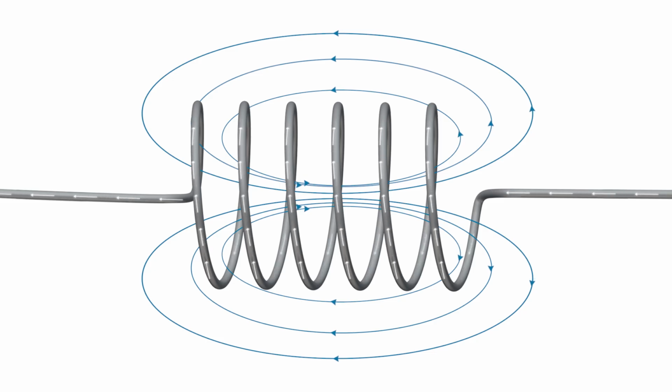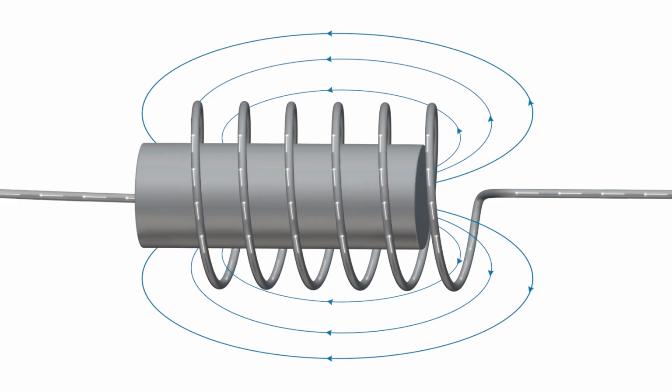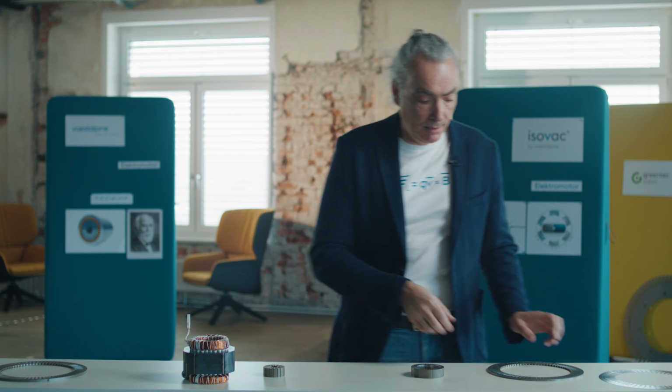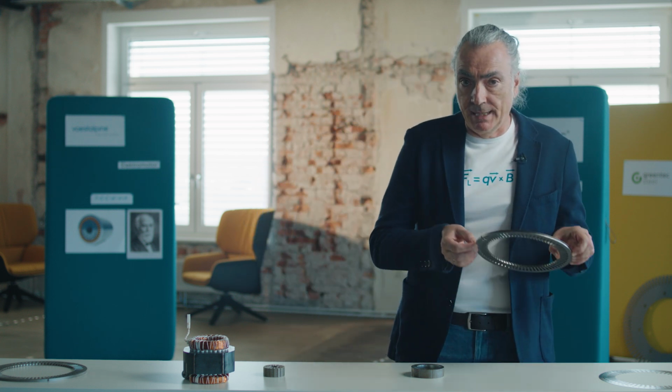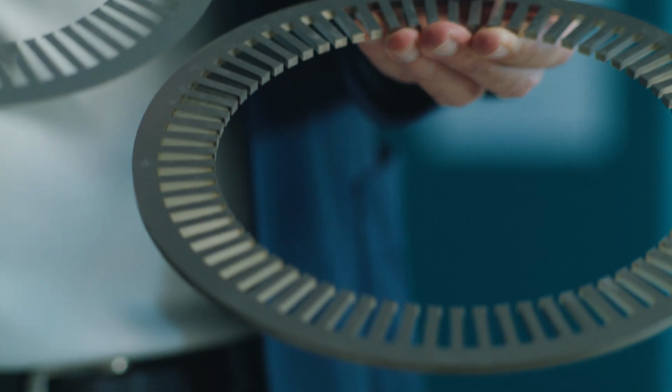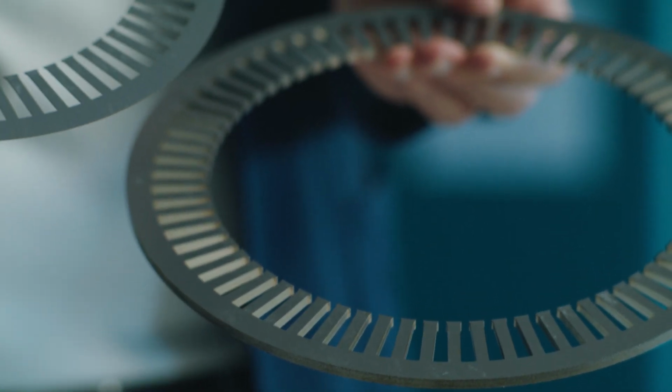Correct. We need an electromagnet that uses an electric current to generate a magnetic field. To ensure that the electromagnet works properly, we must wind a wire into a coil around a core made of iron. More specifically, a core made of stacked laminations, made of electrical steel in the form of cold-rolled steel strip with special magnetic properties.